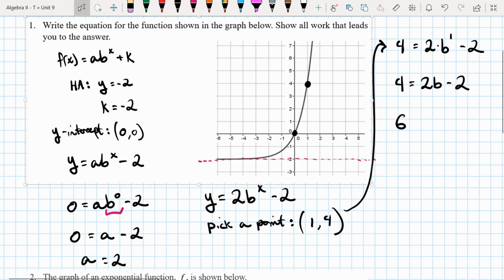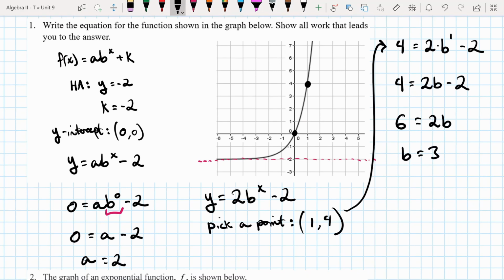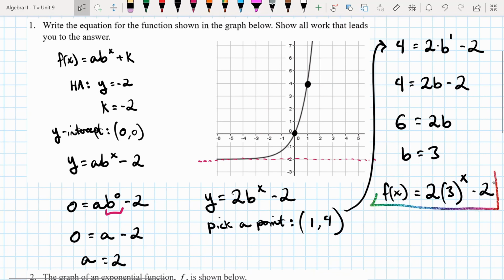So this is 6, if we add 2 on both sides, is equal to 2b, and therefore the b value is equal to 3. And so our solution, f of x, is equal to our a value, 2, times our b value, 3, raised to the x power, minus 2. And this is our answer.